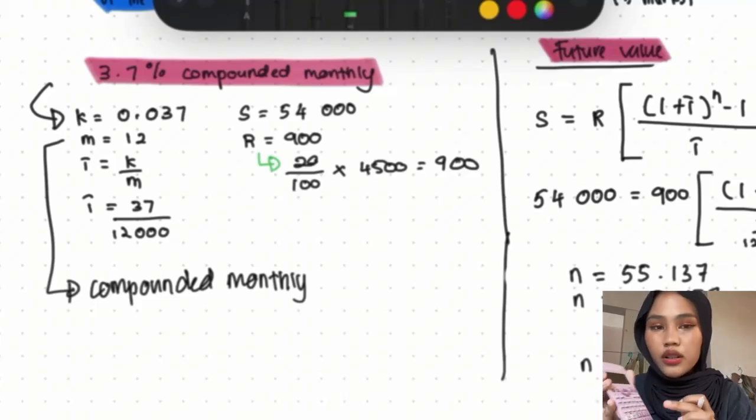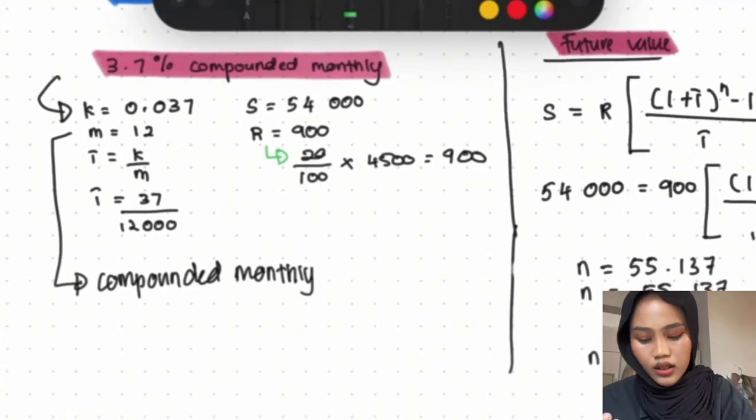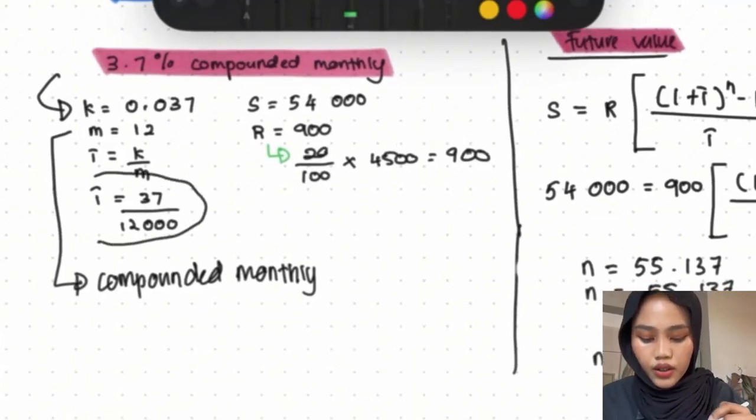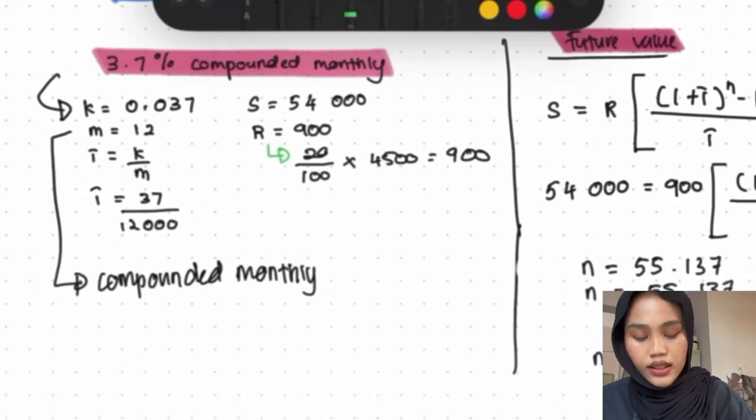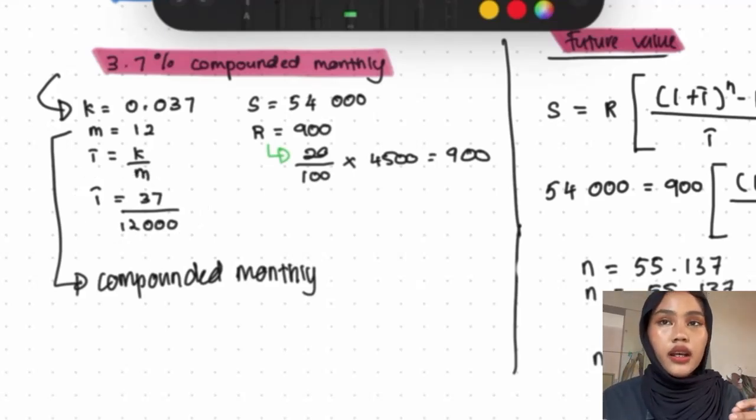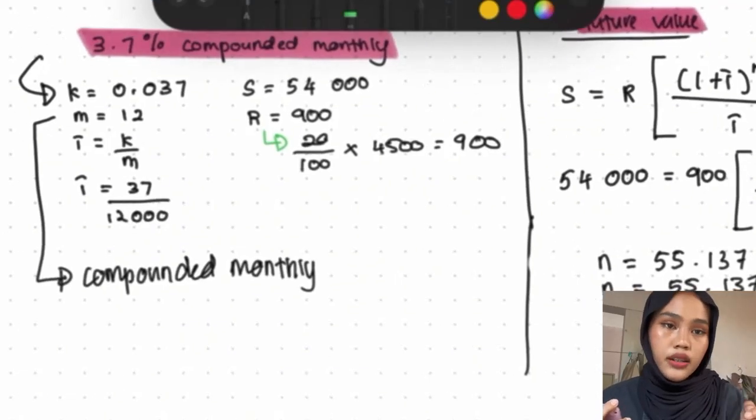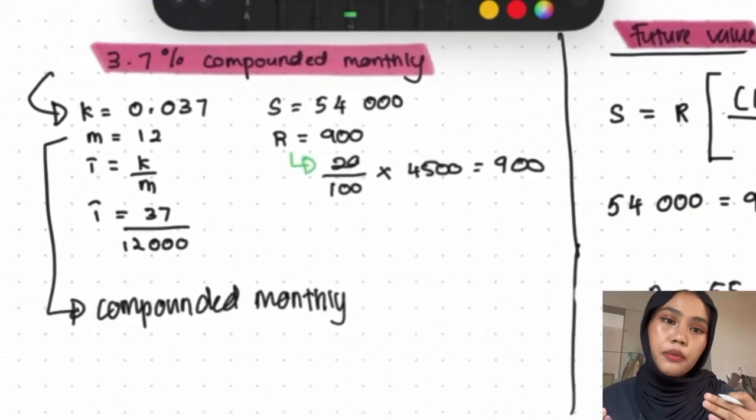So it equals 37 over 12,000. This is the i, meaning the rate calculated in each month. Because it was compounded monthly, we divide it by 12.